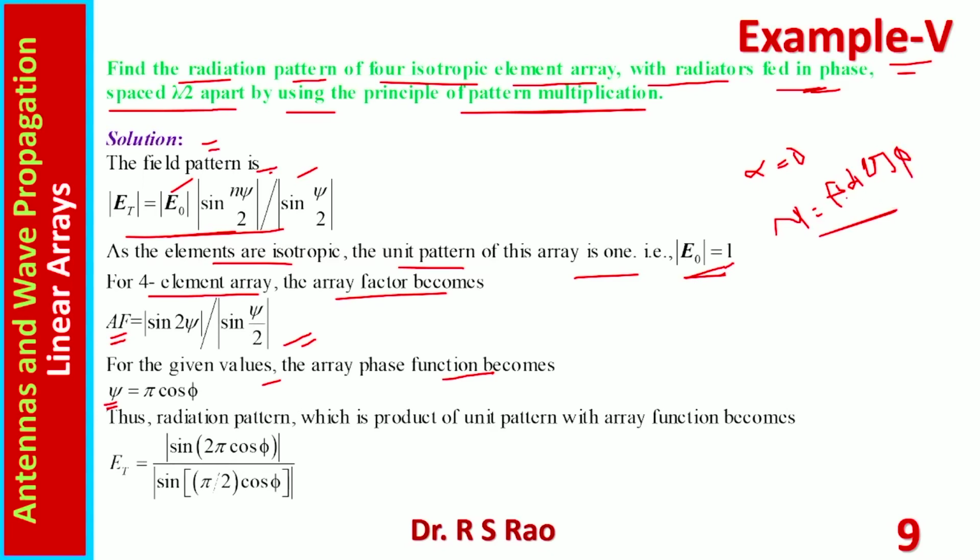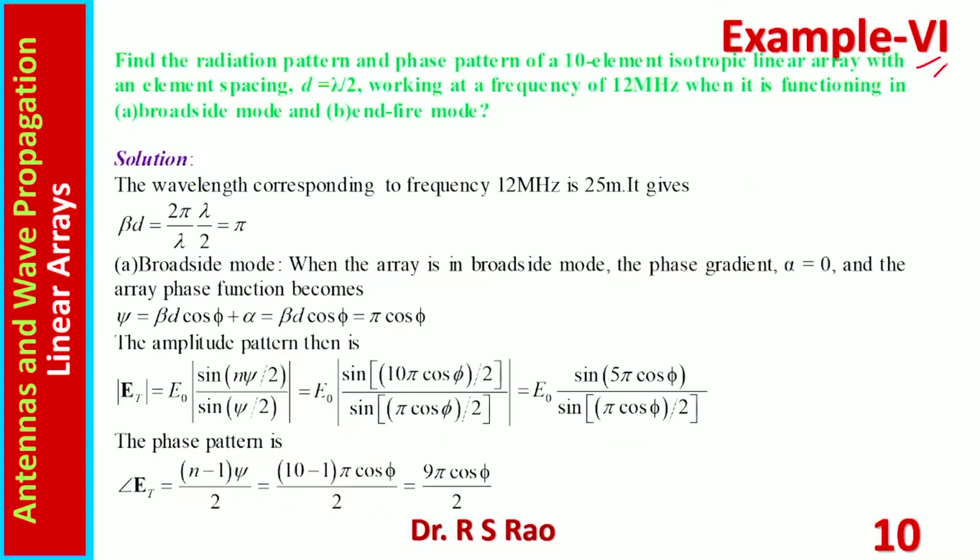But beta d in the present case is pi: beta is 2 pi by lambda, d is lambda by 2, so beta d is pi. Thus the radiation pattern, which is the product of the unit pattern with the array factor, becomes in the present case mod sin 2 pi cos phi by mod sin pi by 2 cos phi. Another problem, example 6.